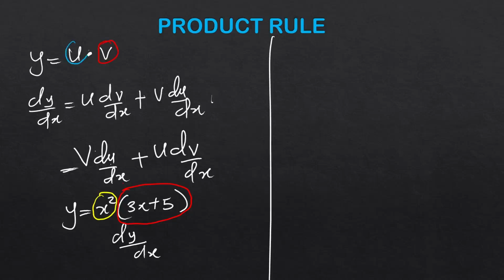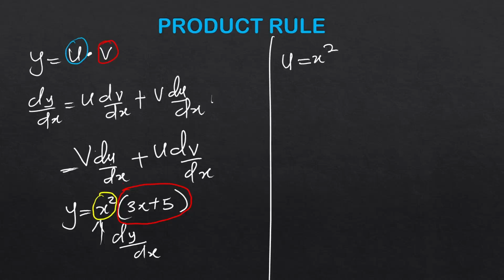That means this particular function is multiplying another function. For that reason, you need to be a little careful in handling such kind of function. See what you do. You pick the first, the one in yellow. This one in yellow, I'm going to say u is equal to x squared.